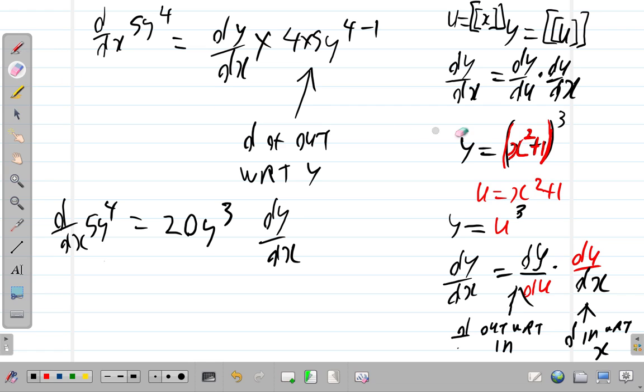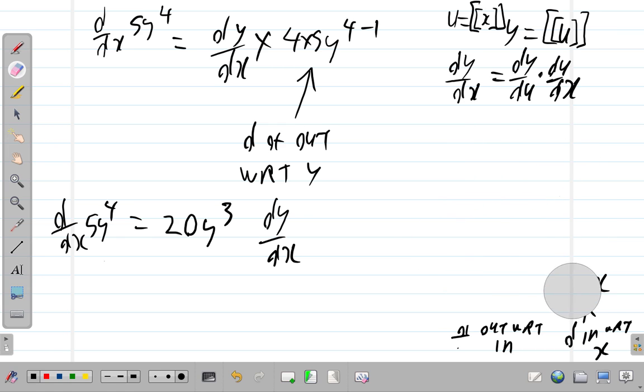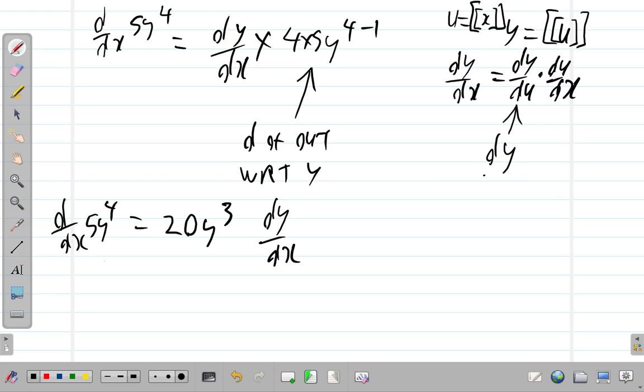Just for clarification again, here you will find the derivative of y with respect to the inside function, dy by d inside, times the derivative of the inside function with respect to x.